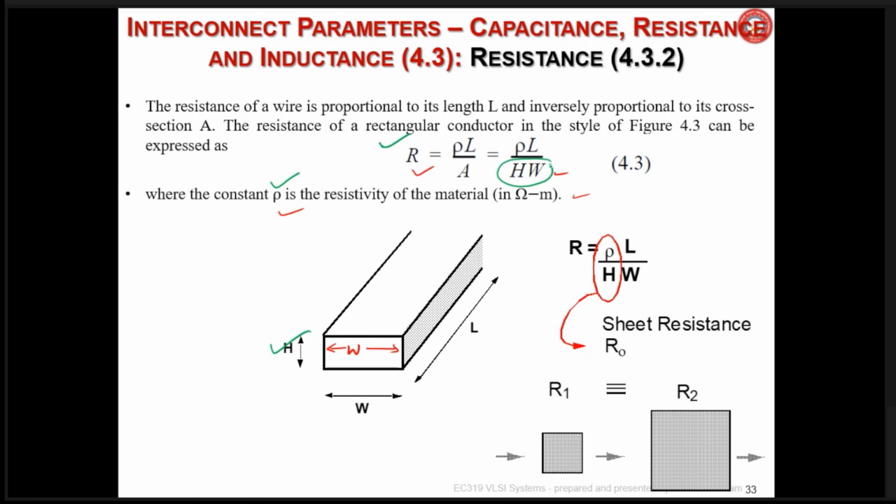That gives you the area. Rho by H is written as R square, the sheet resistance, in ohm per square. Same size squares will have the equivalent resistance.